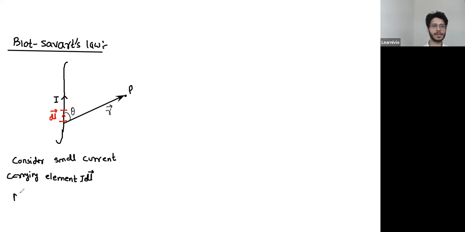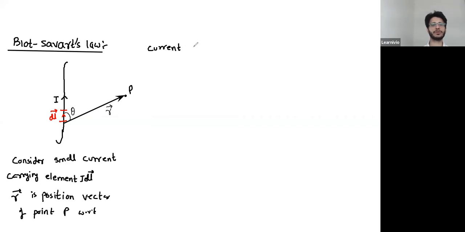So magnetic field at P. R is the position vector of point P with respect to current carrying element dl.